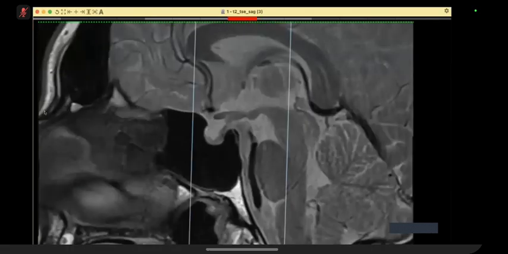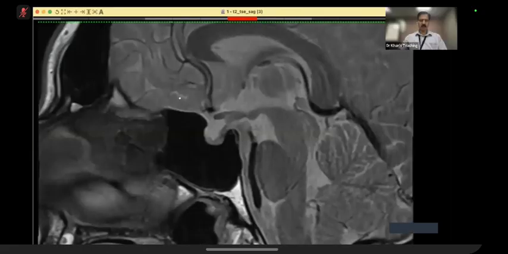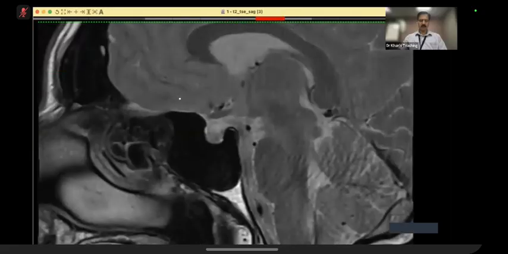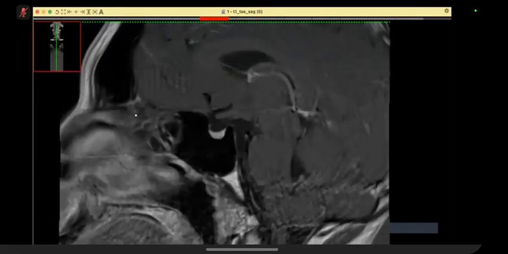On the T2 weighted sequence, I'm not able to appreciate any abnormality. I'm trying to look at the pituitary stalk for any abnormality, but that appears to be unremarkable.